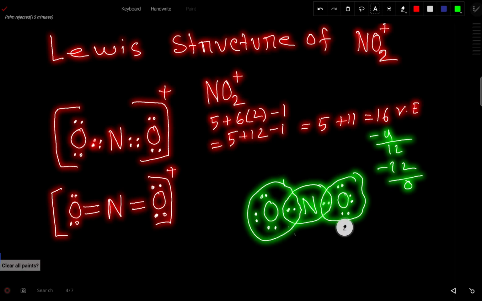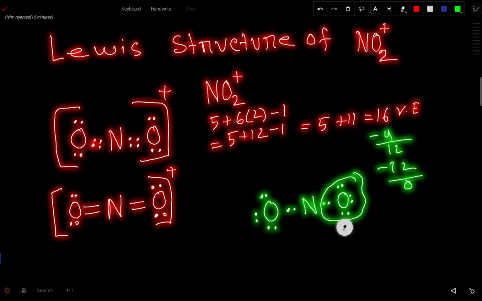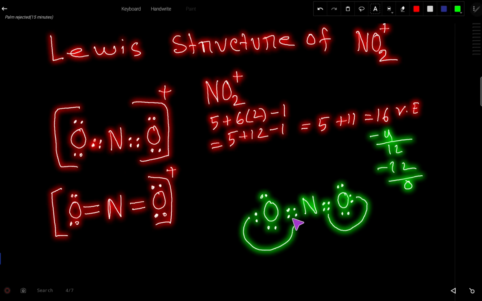Now our responsibility is to satisfy the octet for this central atom, and that is why we have to move a lone pair as a bond pair. And since there is no difference between these two oxygens, we have to move the lone pairs symmetrically, right?